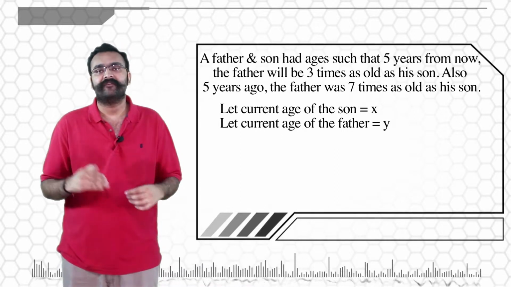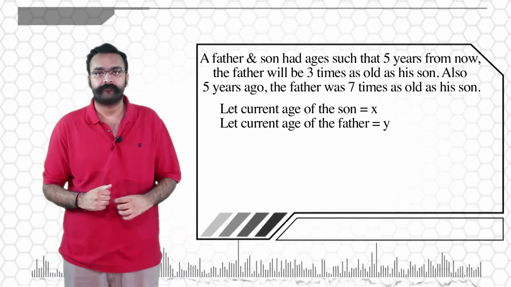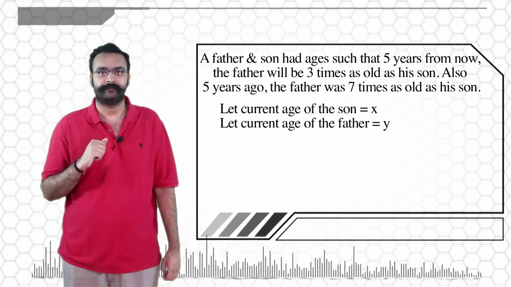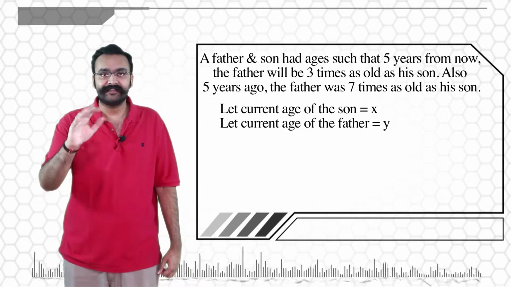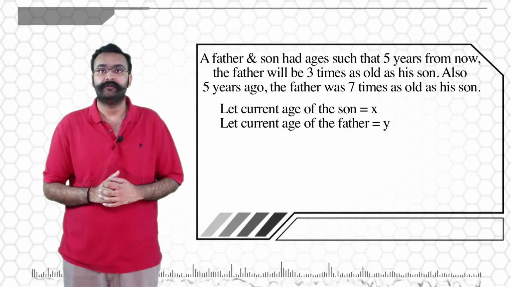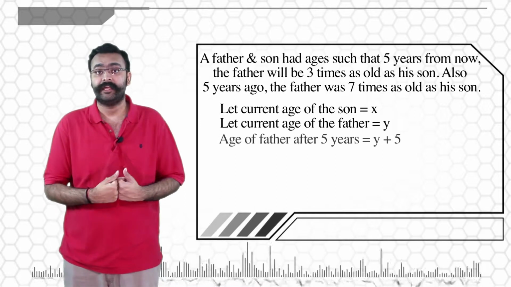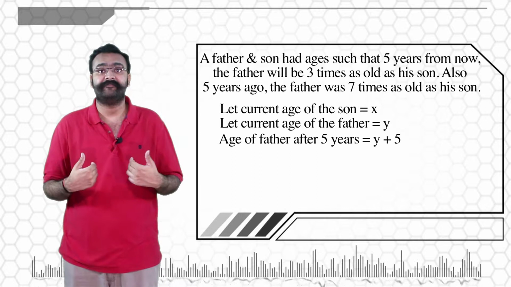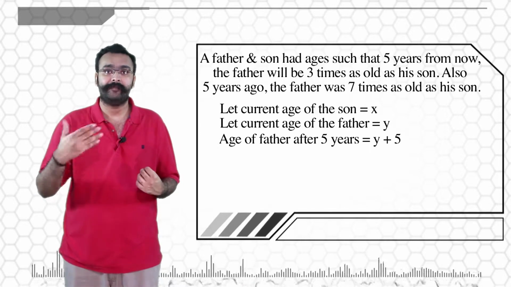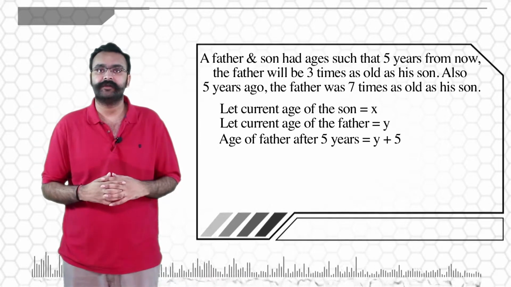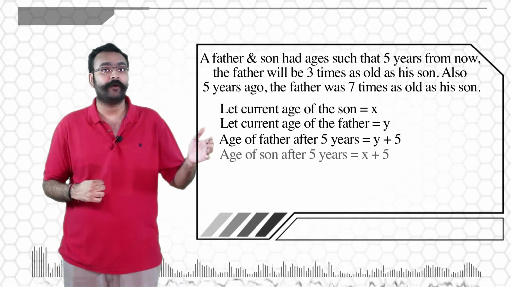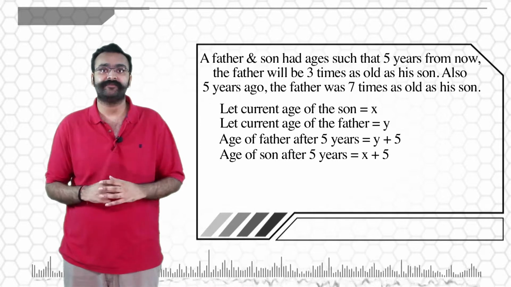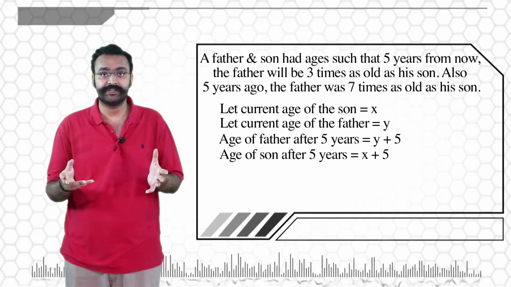First equation said 5 years from now, the father will be thrice as old as his son. Now if the father is currently Y years old, 5 years from now, he will be Y plus 5 years old. If I am 25 today, 5 years from now, I'll be 25 plus 5, 30 years old. Which means 5 years from now, the son is X plus 5 and the father is Y plus 5. And what is the relationship?